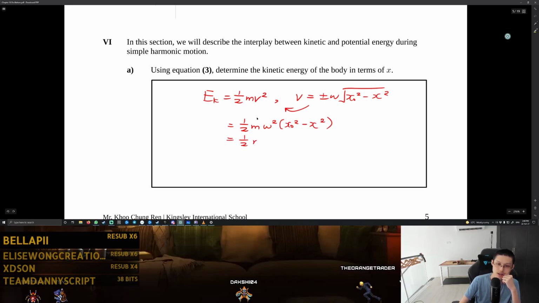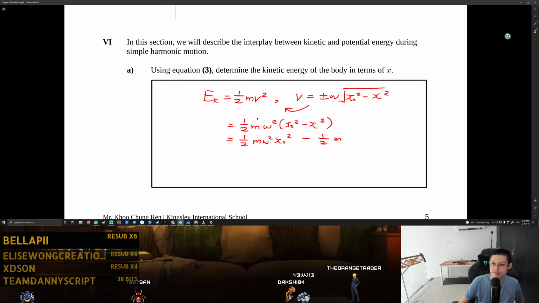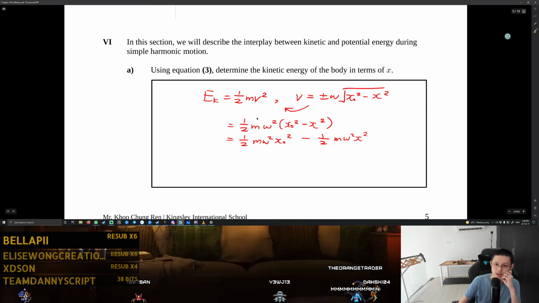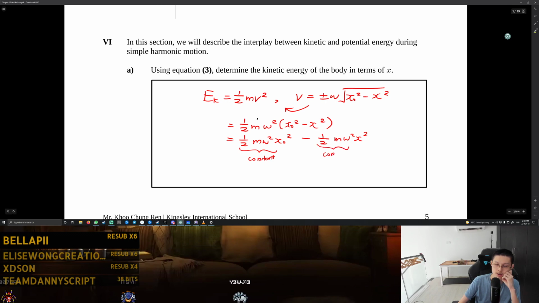If you expand this guy, you would get this. Hey, I forgot the omega. There we go. Notice that this is actually a constant because x naught is the amplitude, and these terms here are all constants as well.